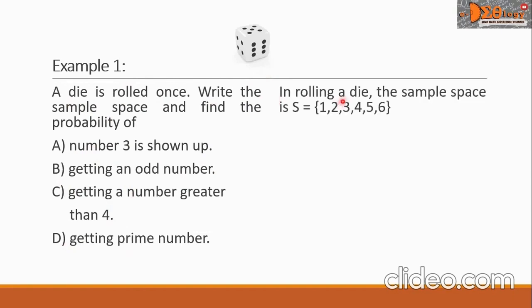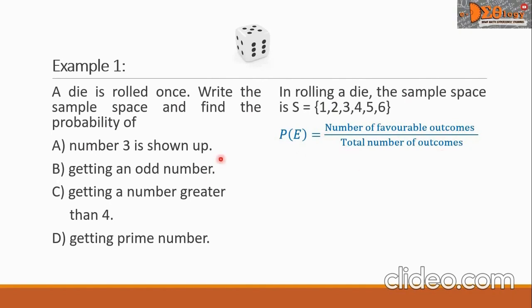In rolling a die, the sample space is S equals {1, 2, 3, 4, 5, 6}. And then, let us write our formula. The probability of event E equals the number of favorable outcomes all over the total number of outcomes.